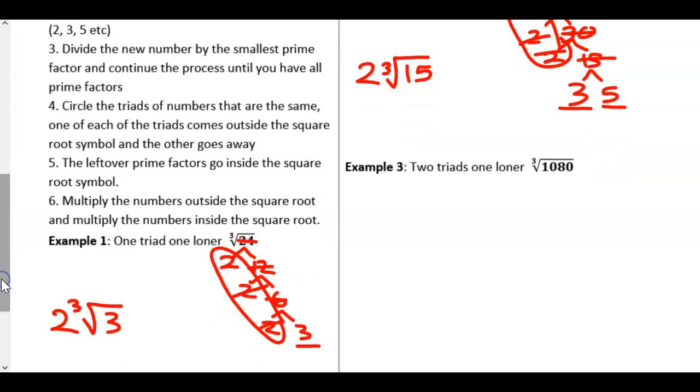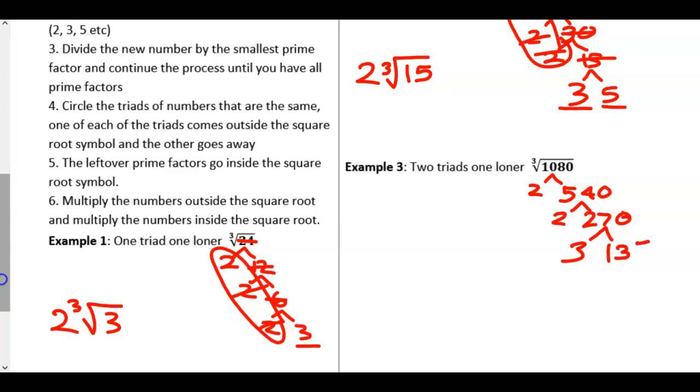Now let's do example 3, 1080. That's a big number. So 2 times 540. Okay, 540 is even. 2 times what? 270. Okay, 270 is even. So 2 times 135.